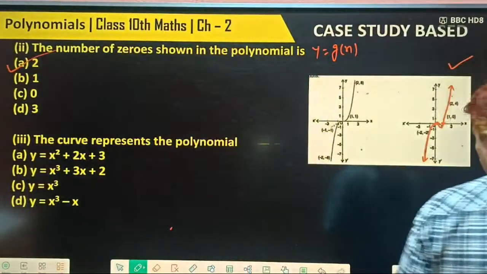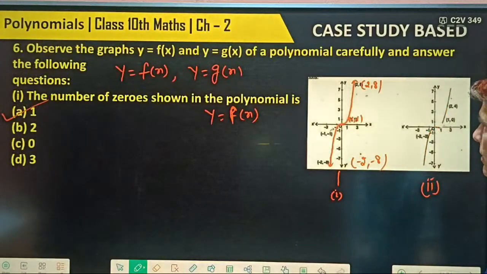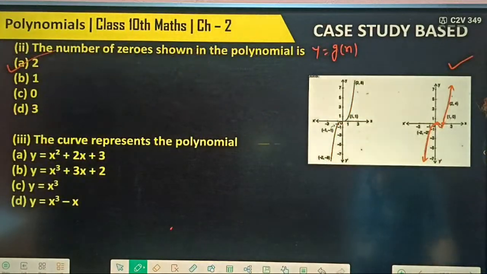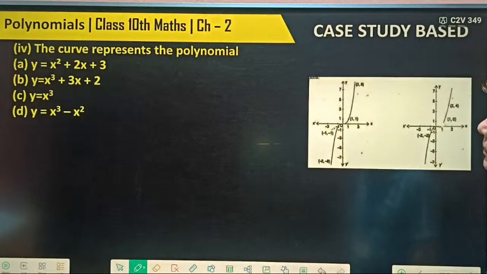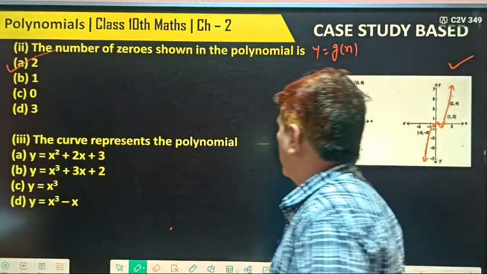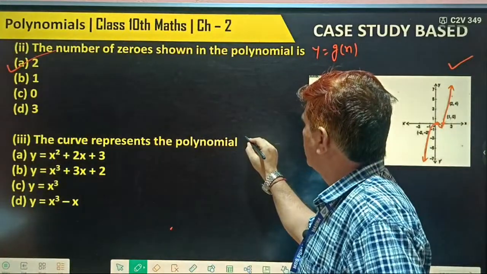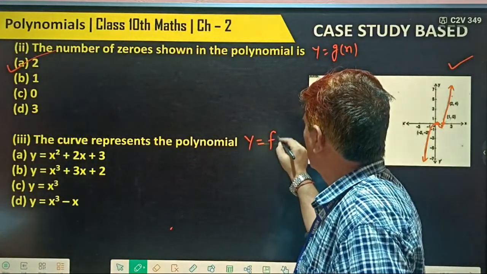Got it or not? Now the graph represents the polynomial. Which polynomial? p(x) or g(x), f(x)? This given graph represents the polynomial y equal to f(x).